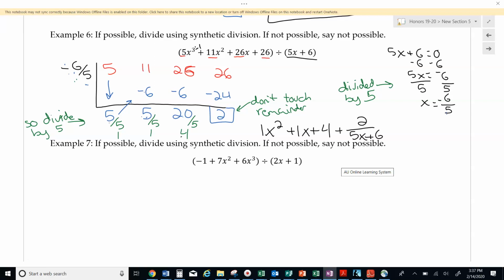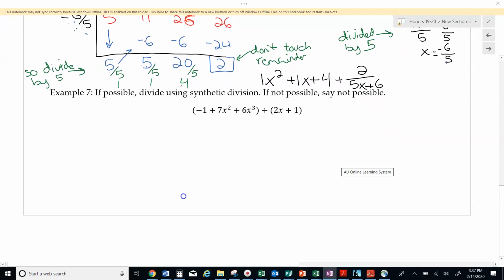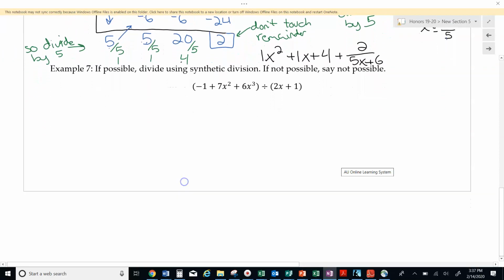Okay? All right, last example. This one, again, we can divide using synthetic division. It doesn't have an exponent. I'm going to subtract 1 from both sides.